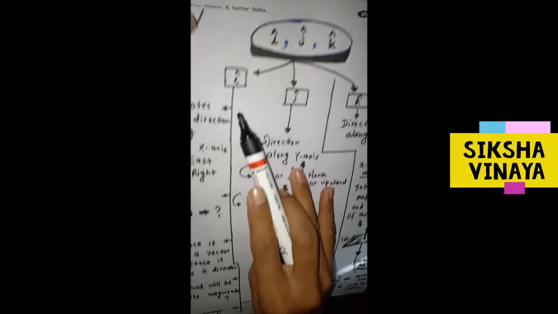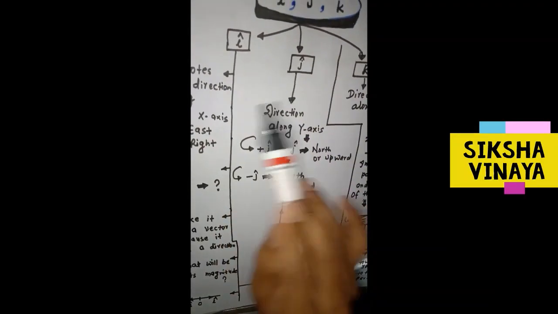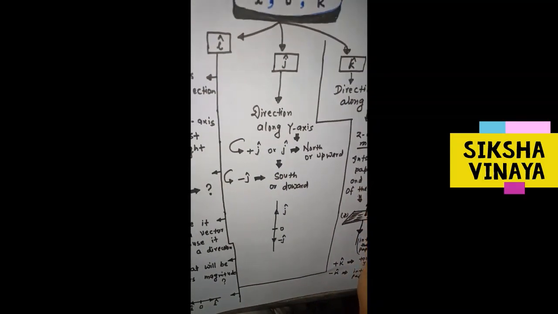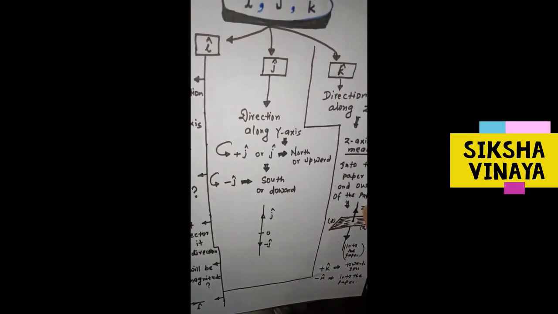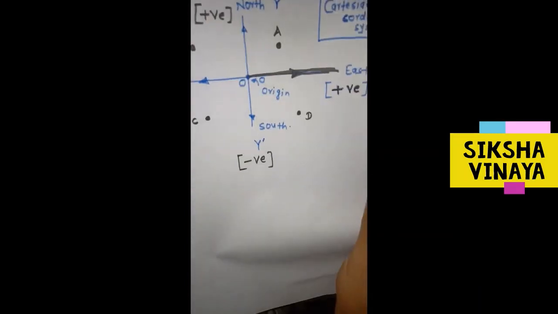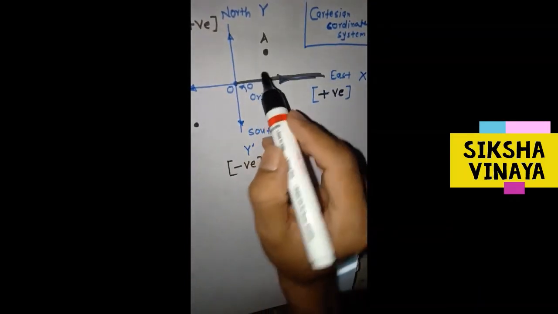Think about it. Now there are three vectors: i cap, j cap, k cap. What do you mean by i cap, j cap, k cap? Here i cap denotes the direction along the positive x-axis, or you can say eastward or rightward.